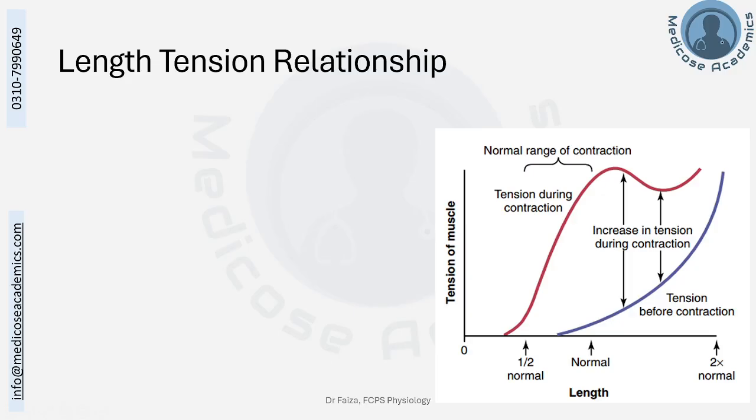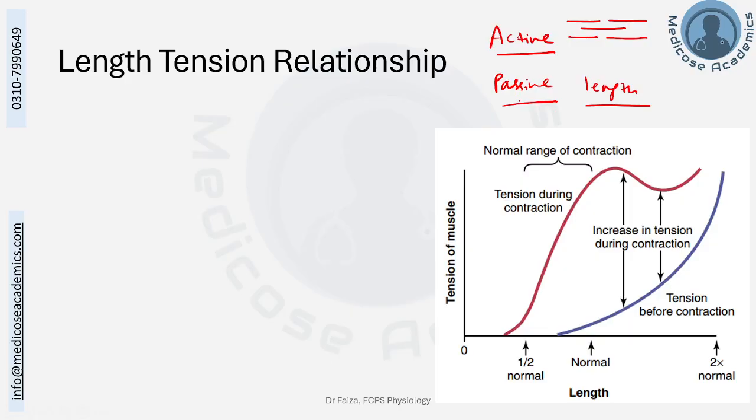Now, what is the passive tension development in the skeletal muscle fiber? Let's have a look. Active tension will be developed when the muscle fibers are actively contracting and there is active interaction between the thick and the thin filaments. Whereas the passive tension developed in the skeletal muscle fiber would be because of the length of the muscle fiber.